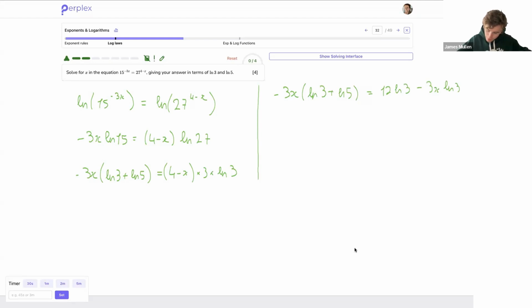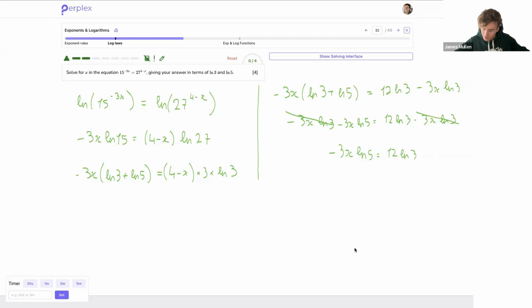And on the left-hand side, if I expand, I get negative 3x ln 3 minus 3x ln 5. Okay, it's equal to the same thing here. And notice that I have a negative 3x ln 3 on both sides, so I can cancel that. And what am I left with? I'm left with negative 3x ln 5 is equal to 12 ln of 3.